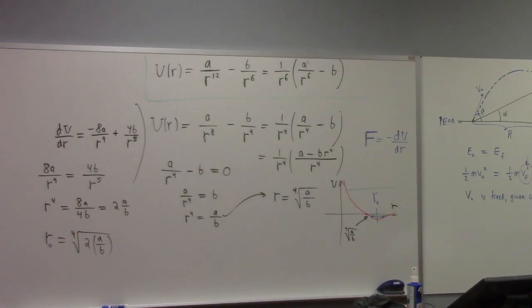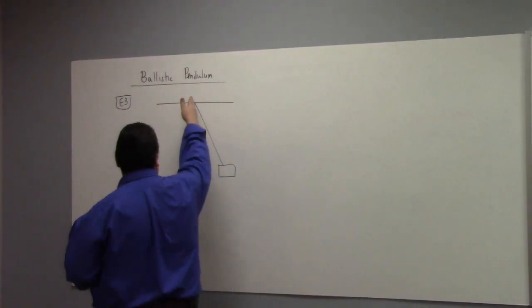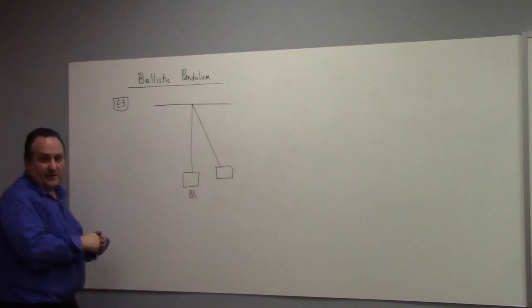I don't know. So here's the deal. You've got this block, let's say with mass m, and then this is the block at a future time. Let me explain what happens here. You've got this block sitting here, and it's a pendulum, so it's free to swing about this mounting point.